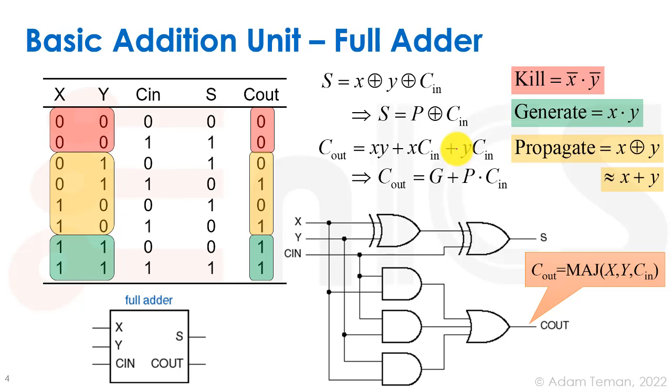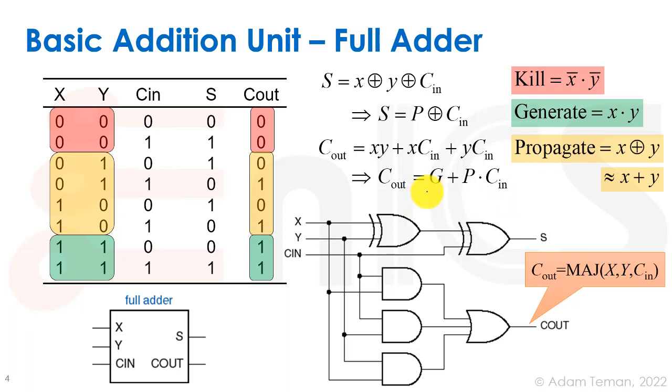Another way is looking at it at the kill, generate, and propagate type of way. So when we're rippling the carry, which we will see in the next slide, and we discussed often, we want to really see if the output of our full adder is going to give us a carry or not.